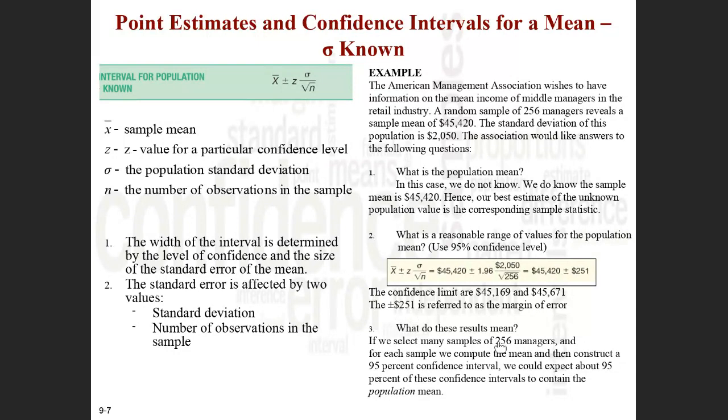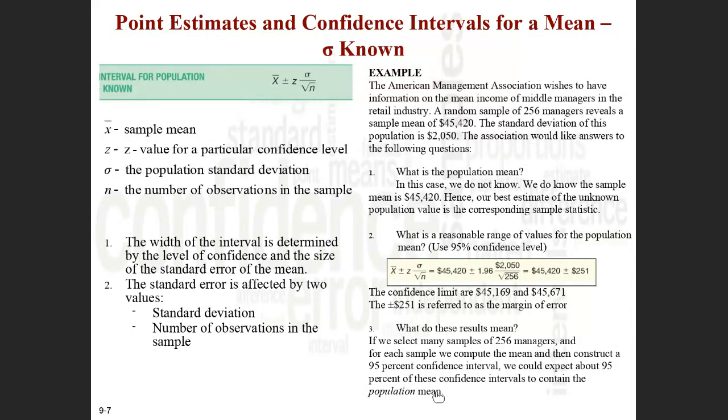And what do the results mean? And this is where I want you to write down the answers in sentences. Okay, you can do all your calculations and that's fine. This becomes important as part of your solution to the questions and gets marked as well. So if we select many samples of 256 managers, and for each sample we compute the mean and then construct a 95% confidence interval, we could expect about 95% of these confidence intervals to contain the population mean.